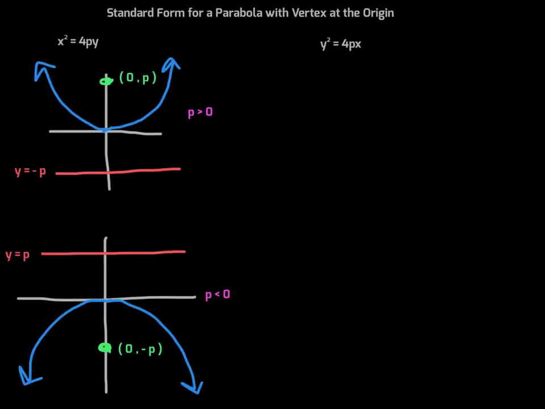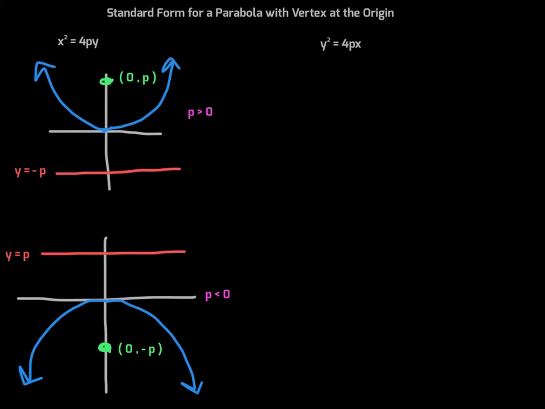So here's a picture, or a couple pictures, to go with that standard form, with x being squared. So first of all, the vertex for this parabola is right at the origin, and this point here is the focus, has coordinates (0, p), and this is the directrix here, having the equation y equal to negative p.